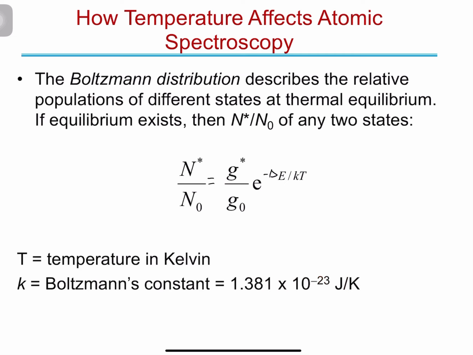There is something called the Boltzmann distribution, which describes the relative population of the different states at thermal equilibrium.